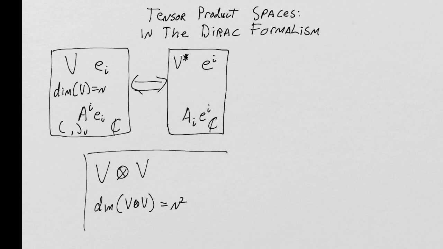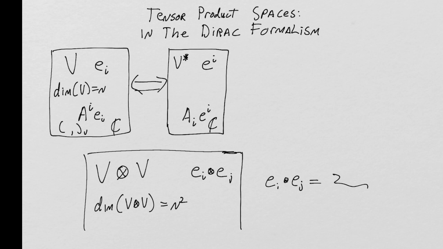And the basis vectors are written as E sub i tensor product E sub j, where i and j run over the entire dimensionality, so from 0 to n minus 1 or 1 to n, depending on how you want to count. And these are basis vectors. You never think of this in terms of E_i tensor product E_j equals something.